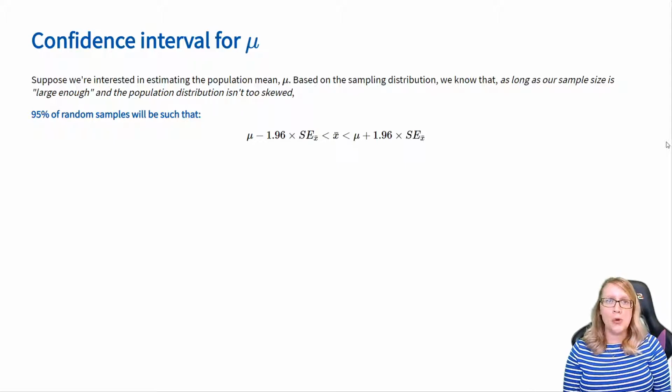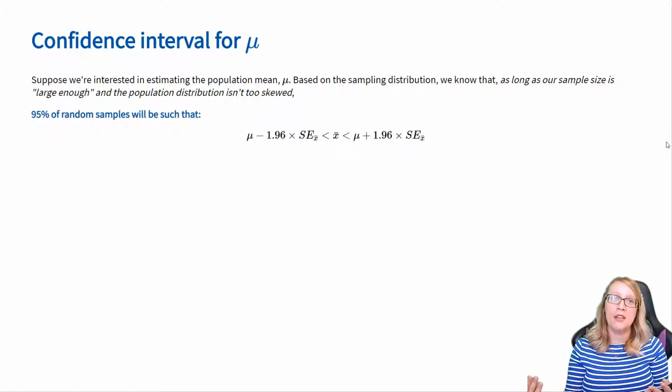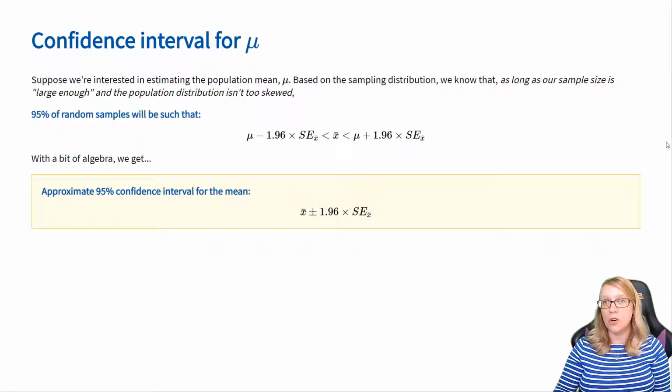Why do we know that? Where does that come from? Well, that comes from the fact that we're assuming our sampling distribution is approximately normal. This looks a lot like one of those ranges that we got from the empirical rule.